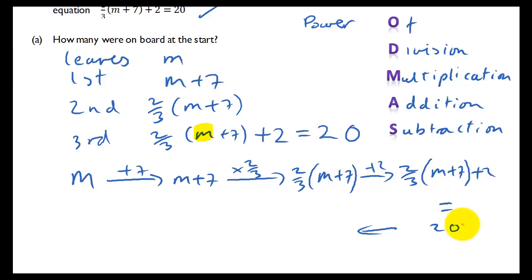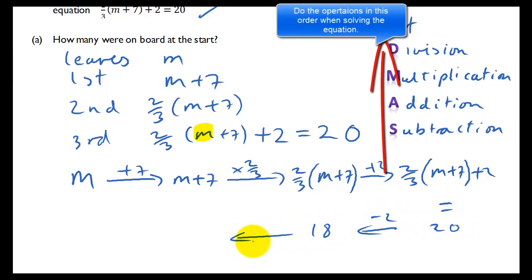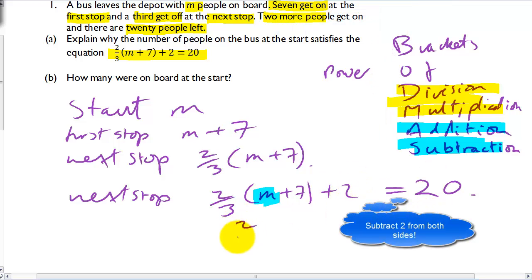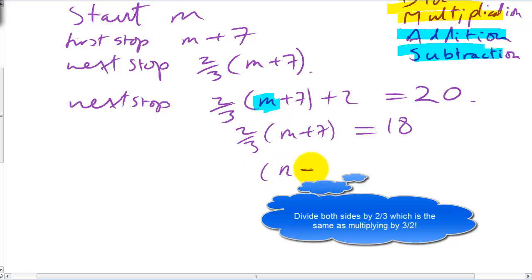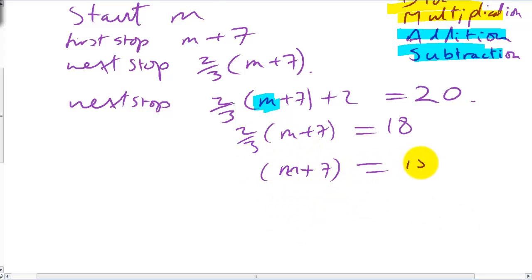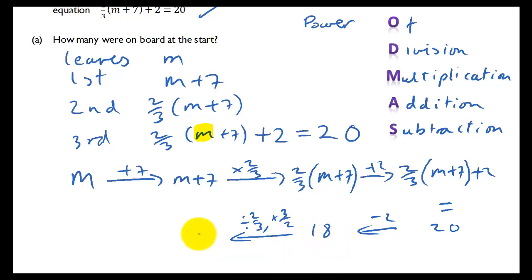We undo the plus 2, so we minus 2 to get 18. We divide by 2/3, which is the same as timesing by 3 over 2. The easiest way is to halve 18 first, which is 9, and times by 3 gives 27. Then we subtract 7 to find that we started off with 20 people. And that is our answer.